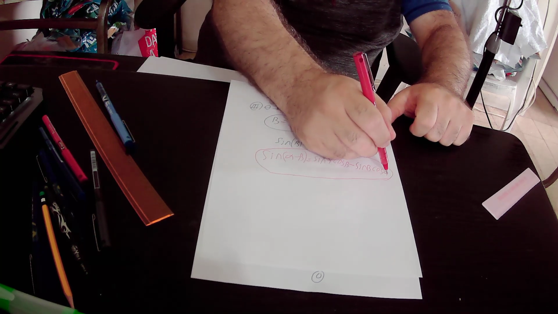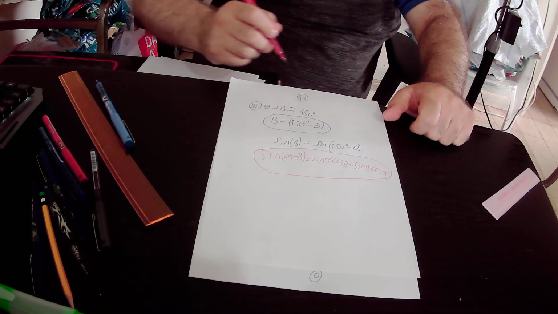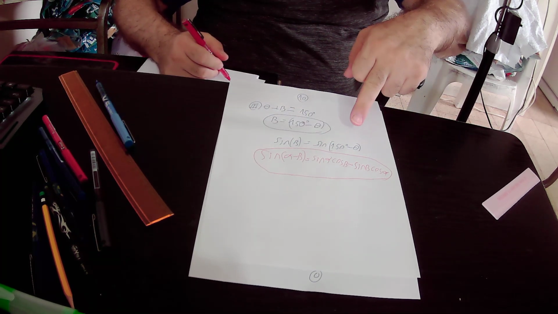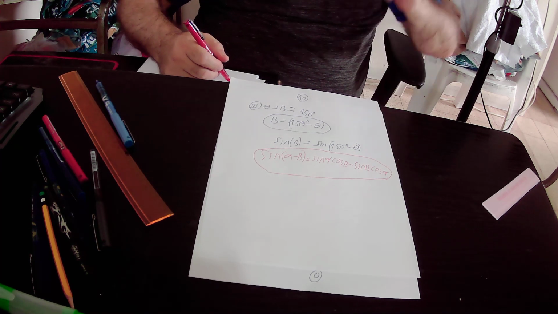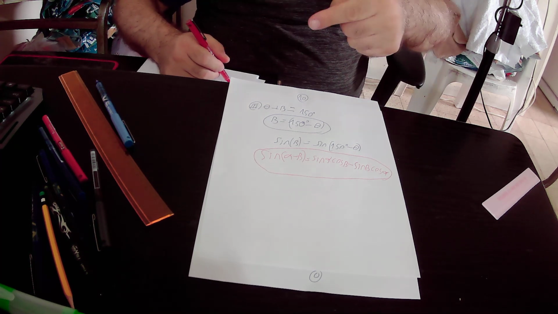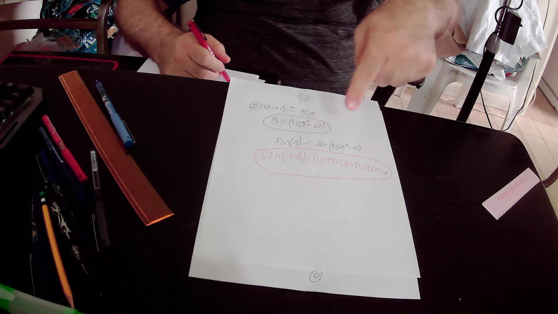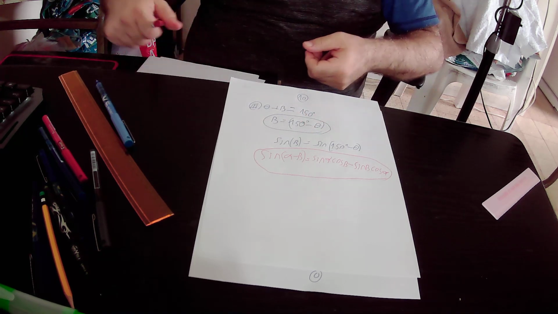We will use this identity in order to find out the value of sine of 150 degrees minus theta, when alpha equals 150 degrees and beta equals theta.